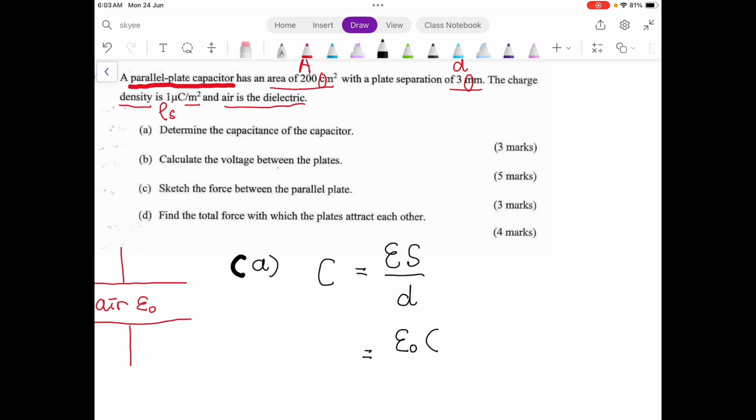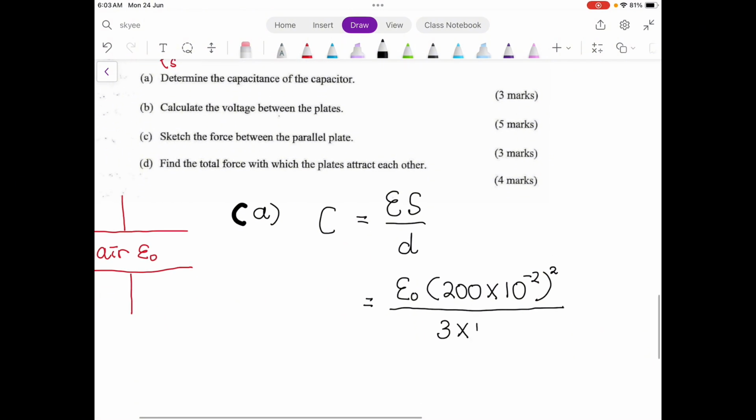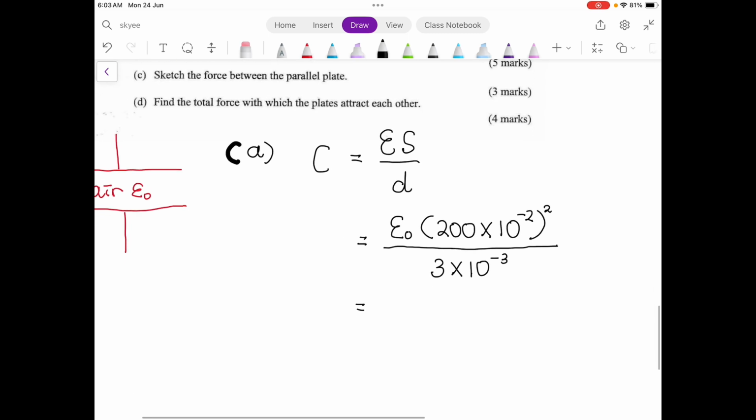So it will be equal to 200, and the c represents 10 power negative 2, and because of the square over here, we power 2 here. This will be the area in meter square, and the plate separation is 3 times 10 power negative 3. So you can calculate the answer.